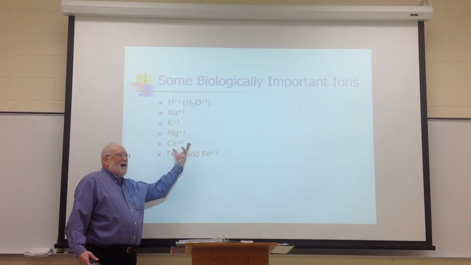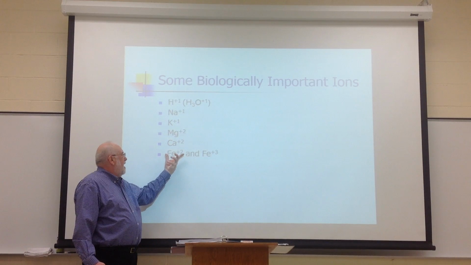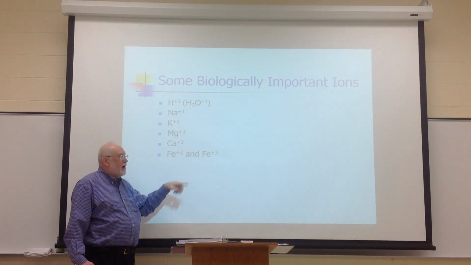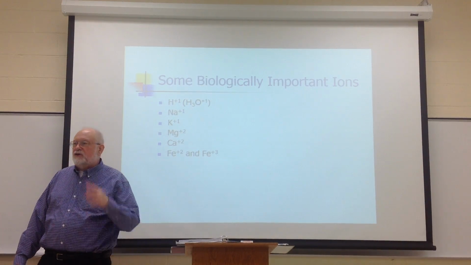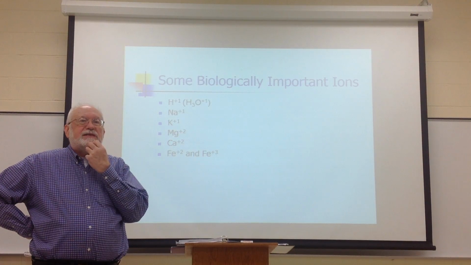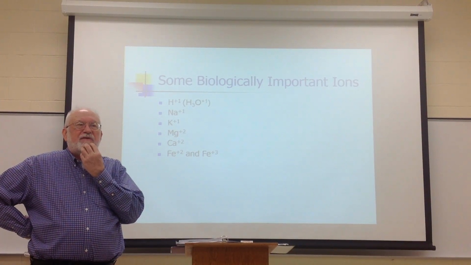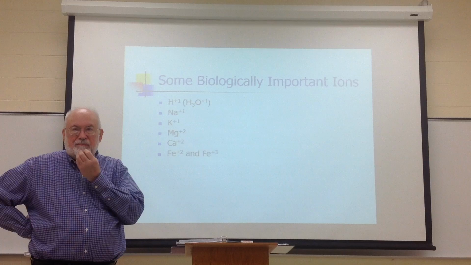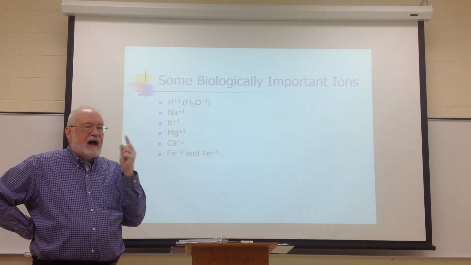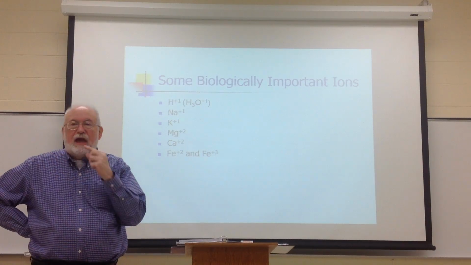Now, what about these? All right? That was magnesium, that's calcium, but what's the name of this one, the Fe with the +2 charge? Iron 2, or if we go with the suffix name, it's ferrous. All right. Now, whenever there's more than one charge, you've got to specify which one it is. And that's true with the irons.